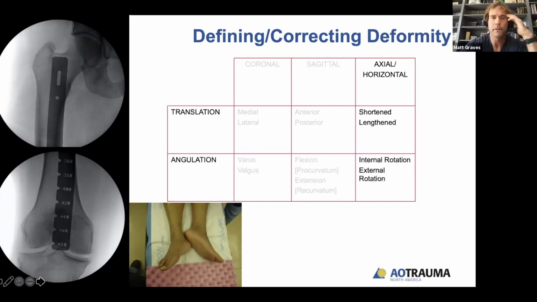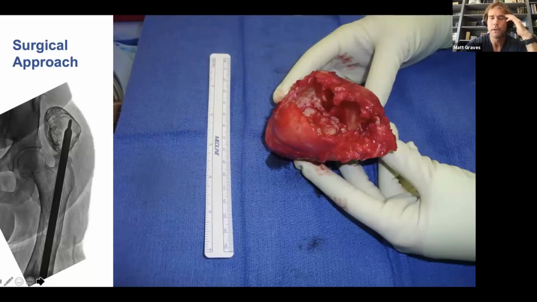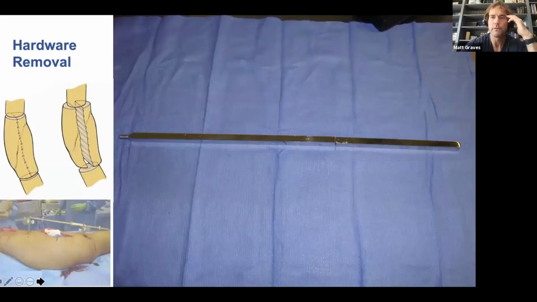All right, so then we get to our surgical exposures. So in this case, the proximal surgical exposure allowed for removal of the proximal portion of the intramedullary rod, very simply, and the heterotopic ossification associated with this rod. The central surgical exposure, which was just a lateral exposure to the femur, elevating vastus lateralis, allowed for removal of the distal portion of this solid rod, secondary to the type of osteotomy that we chose to use.